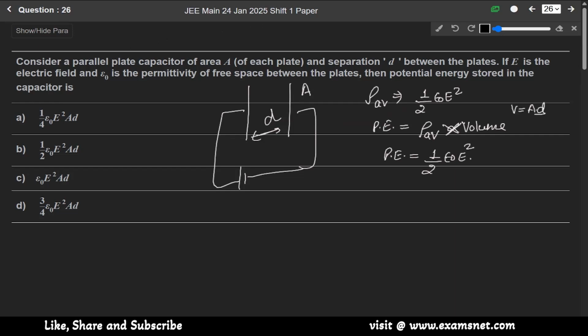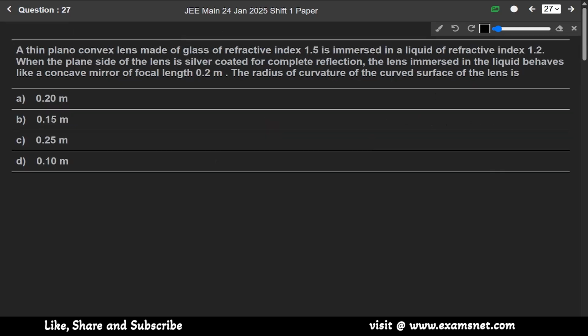Since D is the separation between the plates, it will be half epsilon naught E square A into D. So the correct option is 1 by 2 epsilon naught E square AD, which means option B is the correct answer. Now question number 27.